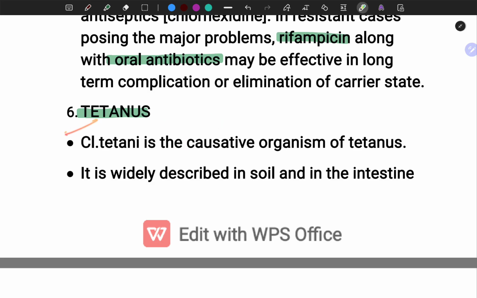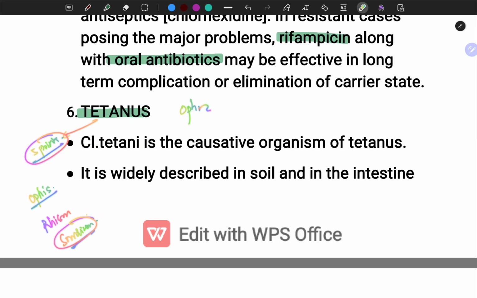So for tetanus, I want you to remember 5 points. As I already said, opisthotonus and risus sardonicus.